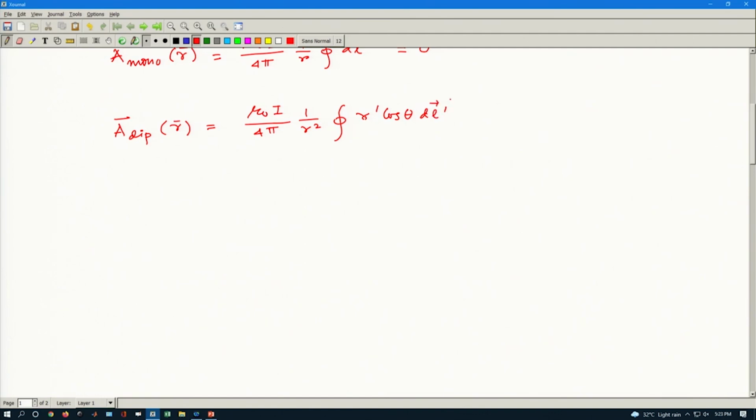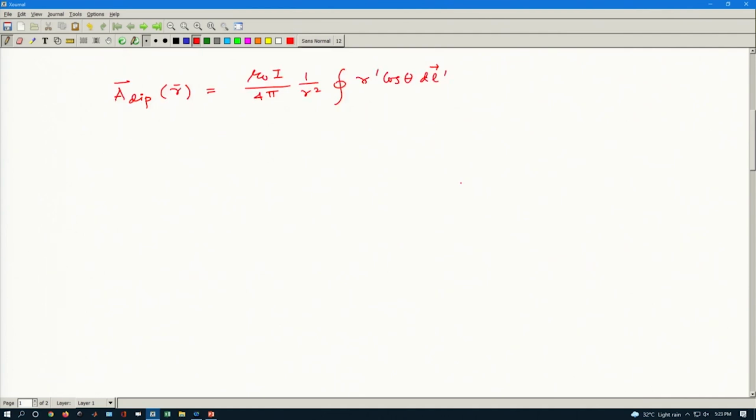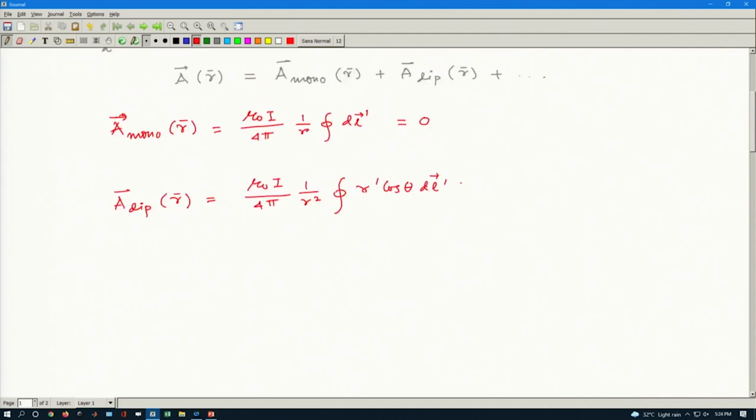That was the expression, and then we mentioned that this term is actually r prime cos theta.